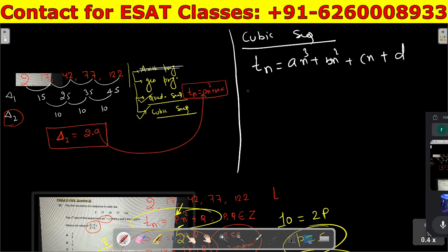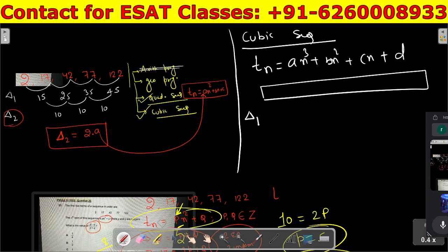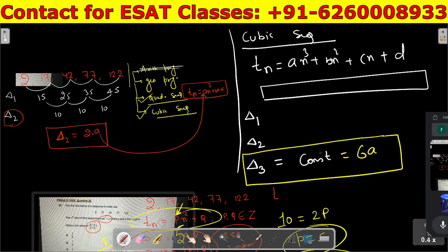For a cubic sequence you will get the first difference, then the second difference, then the third difference, and the third difference will be constant. You should remember that in case of a cubic sequence, the third difference equals 6a, where a is the coefficient of n cube.